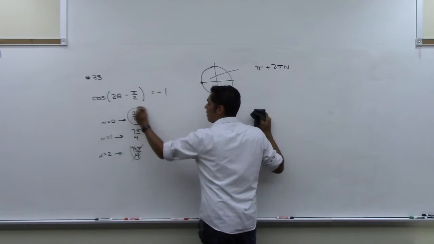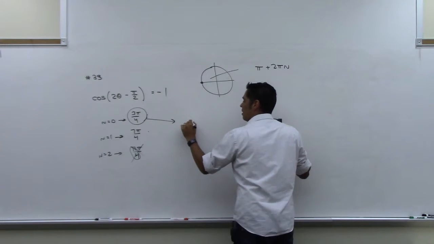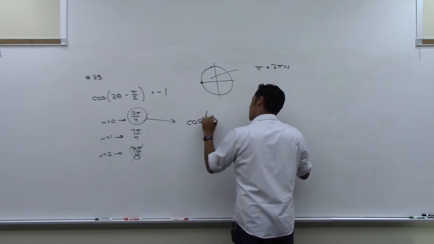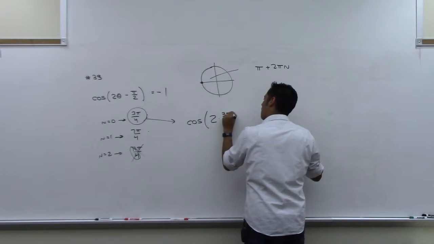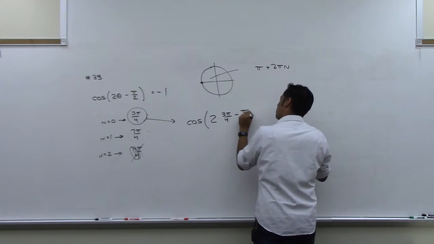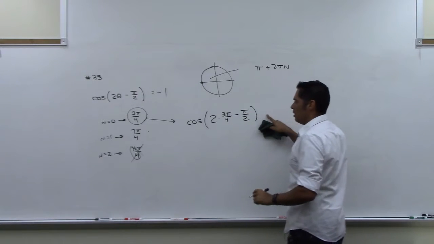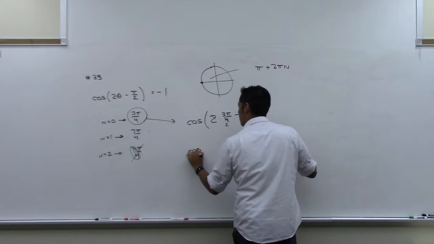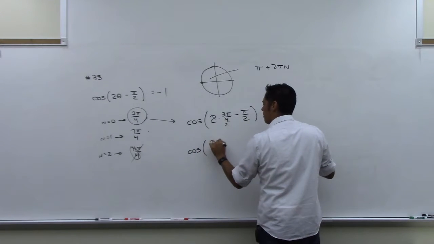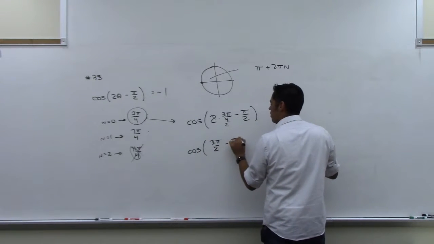So let me just illustrate this. If I plug that in, cosine of 2, now theta I'm going to replace with 3 pi over 4, then minus pi over 2, I should get negative 1. So you get cosine of 3 pi on top, I still have a 2 on the bottom, minus pi over 2.